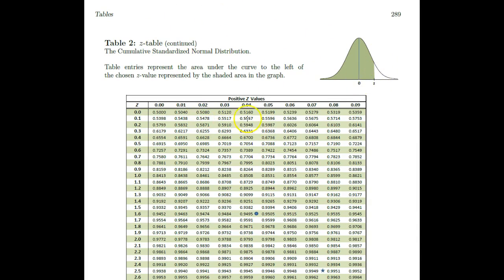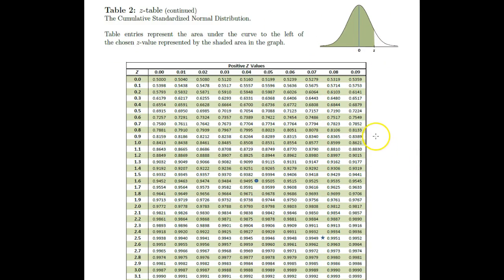Okay, so for this example, we're looking for the probability of z being less than 1.35.